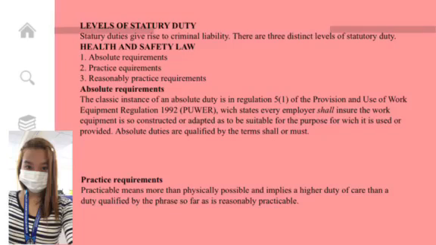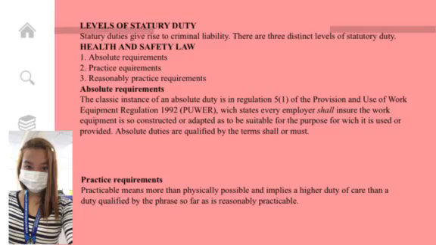Absolute duties are qualified by the terms shall or must. So in this case, the absolute requirements apply where the risk of injury or disease is inevitable if safety requirements are not followed, and a statutory duty may well be absolute.